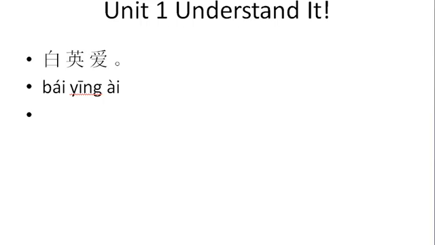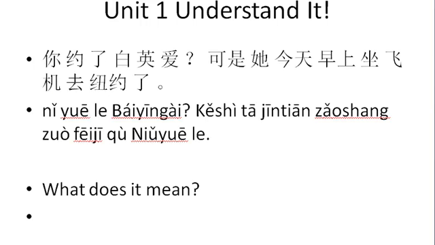He's still chasing after 白英爱. And then the sister responds with a sentence that you should understand. She says, 你约了白英爱，可是她今天早上坐飞机去纽约了。Okay? Pause and write down what you think this sentence means.